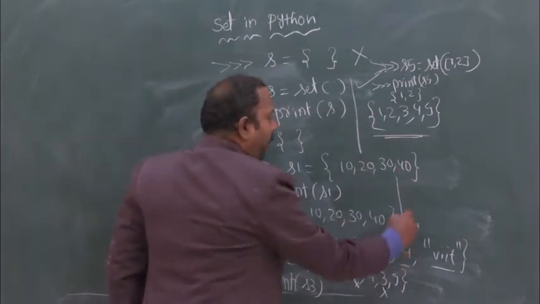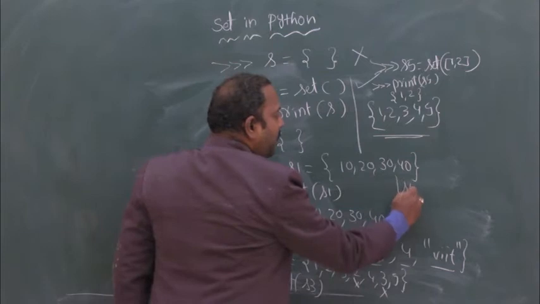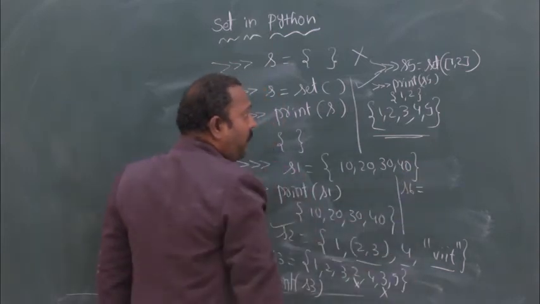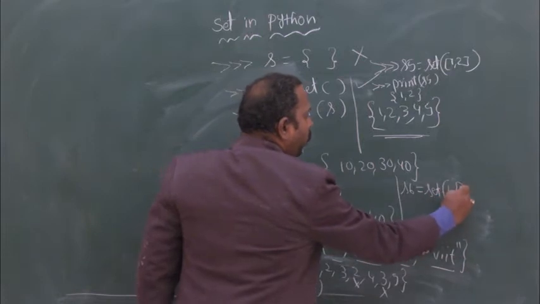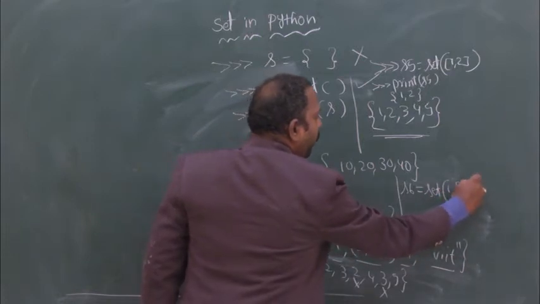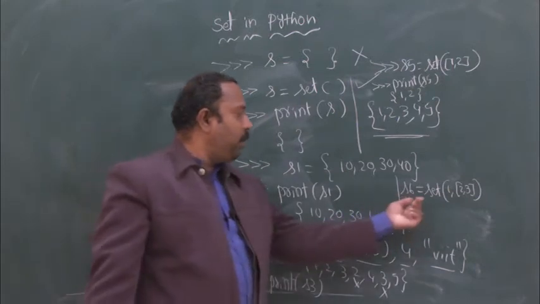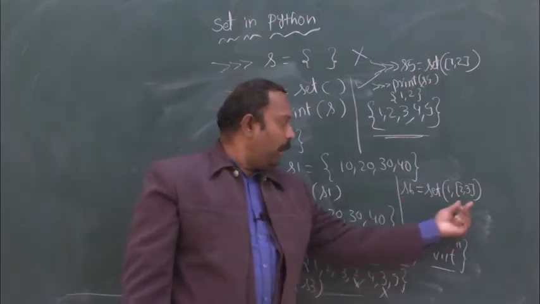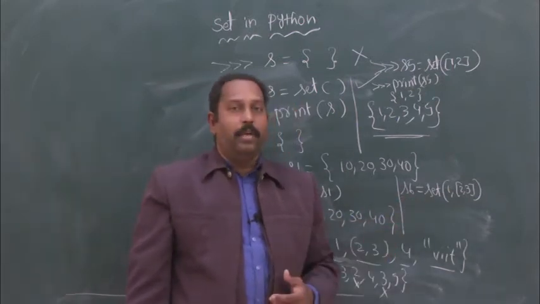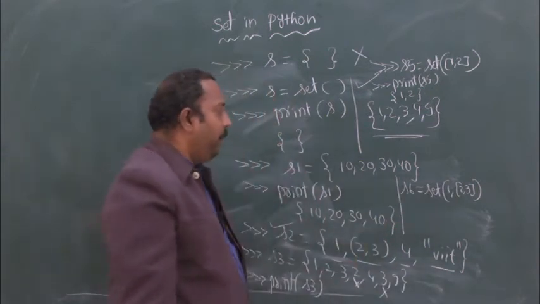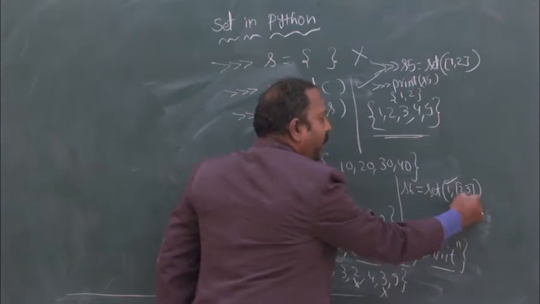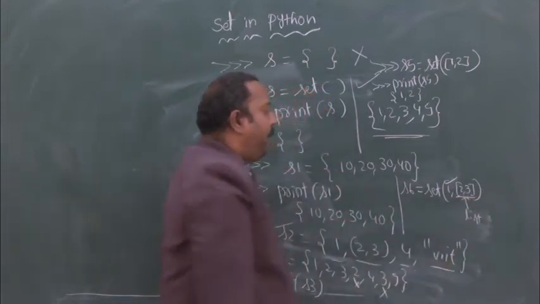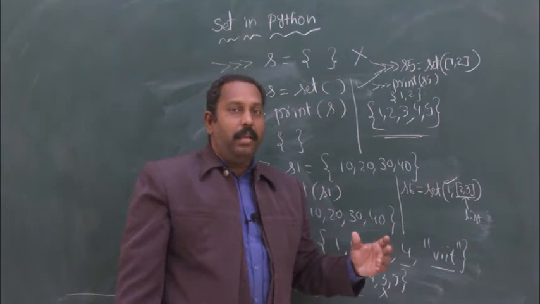Suppose consider another set, for example S6 equal to set of 1, 2, 3, where I represent it like S equal set of 1, [2, 3]. This is not allowed in Python. Why is it not allowed? Because 1 is allowed, but 2, 3 is nothing but a list. List is mutable.